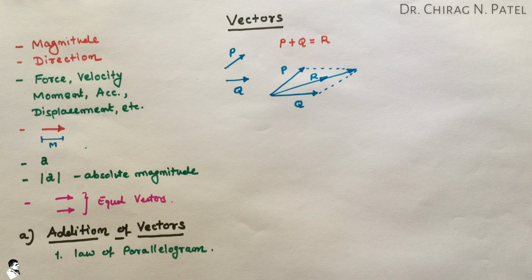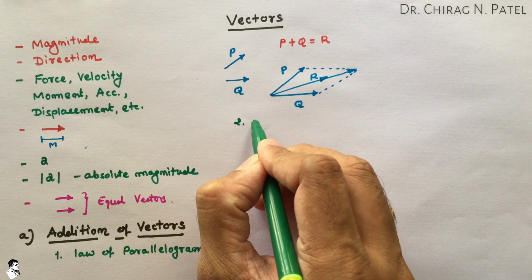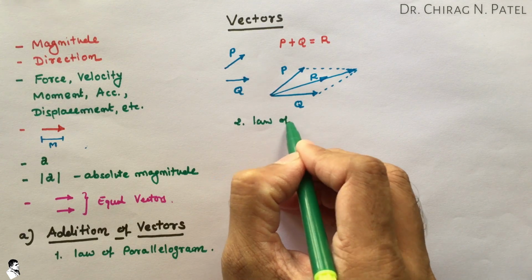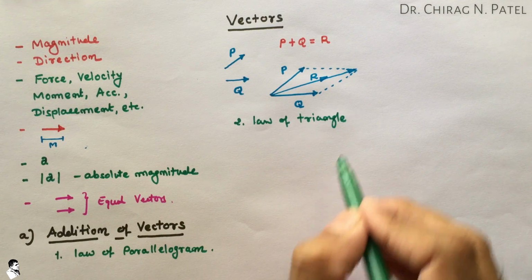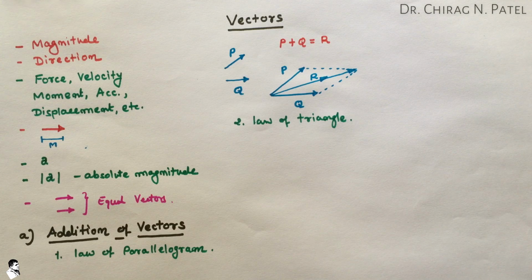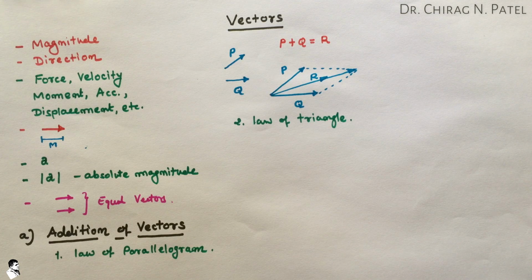Now vectors can also be added using the second methodology, that is the law of triangle. This is generally known as a very basic or generalized method, because in the law of parallelogram there is addition of only two vectors, but in the law of triangle method we can add any number of vectors. Let us consider P and Q again.